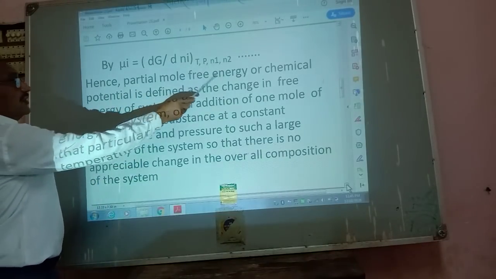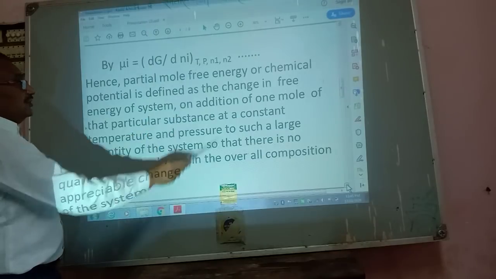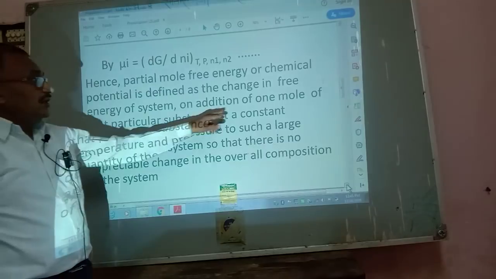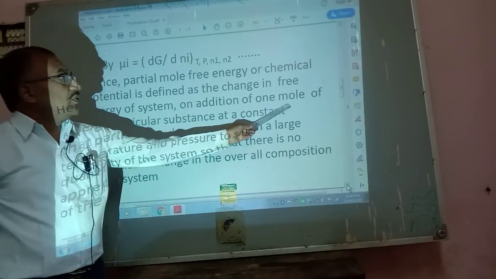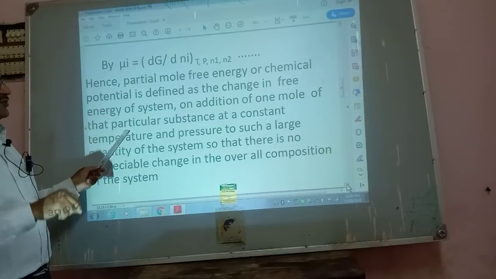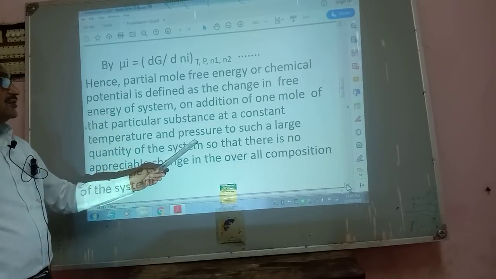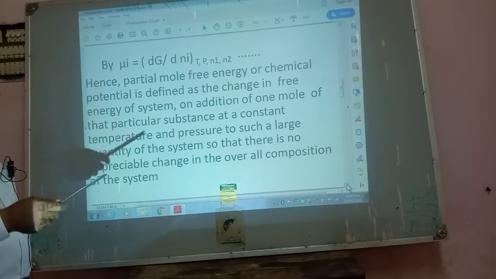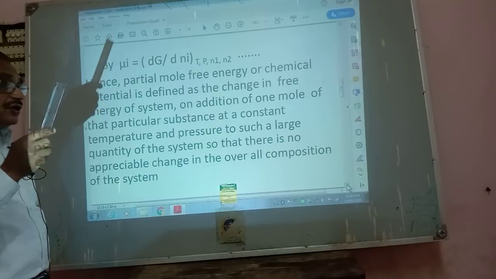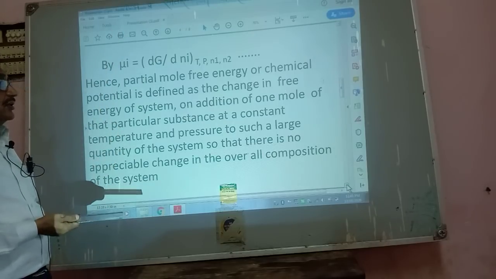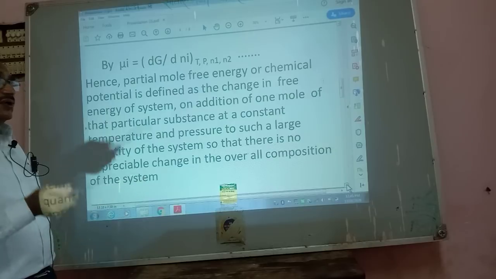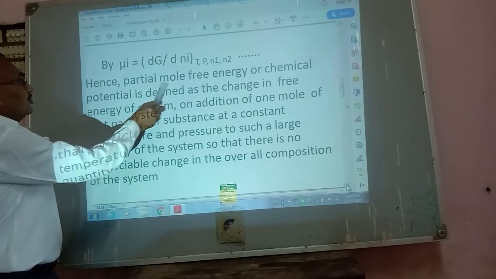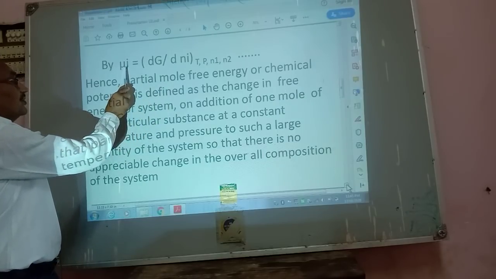Hence partial molar free energy or chemical potential is defined as the change in free energy of the system on addition of 1 mole of that particular substance at constant temperature and pressure. That means if we add 1 mole of any component in a large quantity at constant temperature and pressure, then whatever the change in free energy, that change in free energy we call partial molar free energy, or chemical potential.